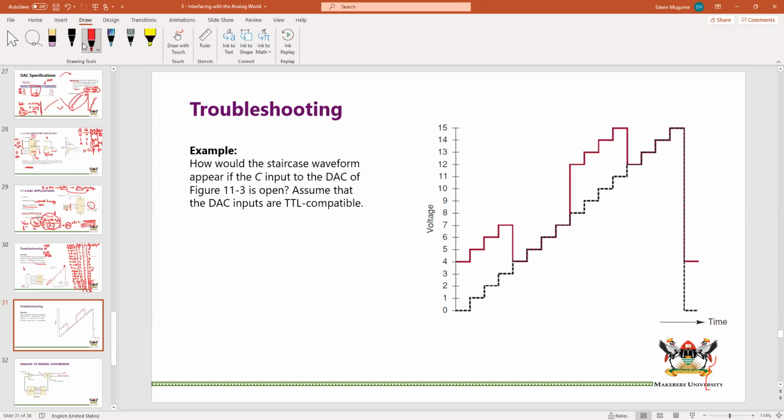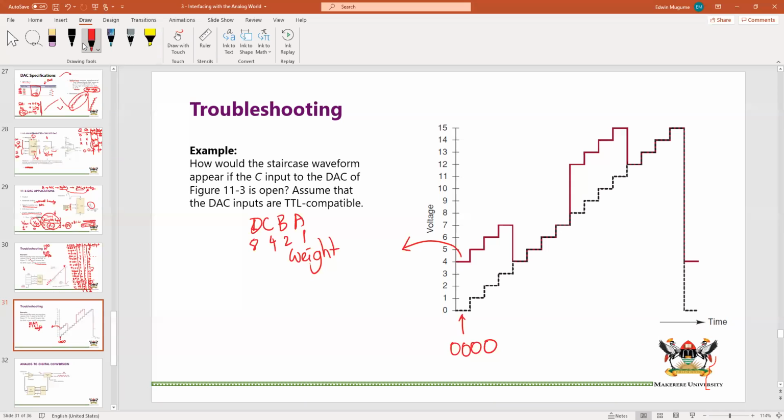And if I give you something like this, it should be very easy for you to see that actually, instead of having 0, this is the state for 0, 0, 0, 0. But because we have 4, we can look at the weight. What is the weight of the bit that is causing a 4? Since this is a 4-bit DAC, we have D, C, B, A, and the weights of these are 8, 4, 2, 1.